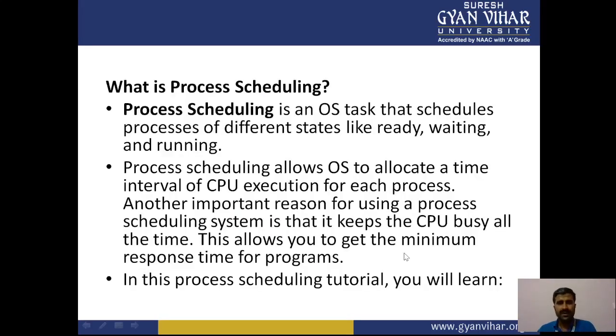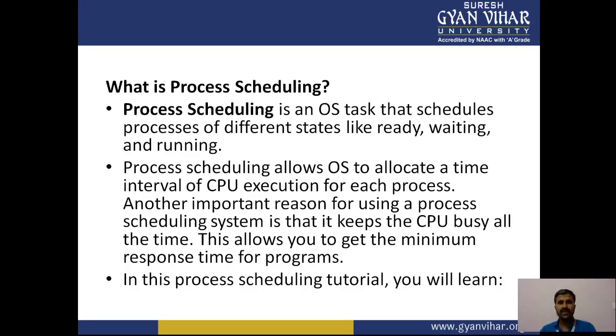Process scheduling is an operating system task that schedules processes of different states like ready, waiting, and running. This is the task that decides how a process can be executed.